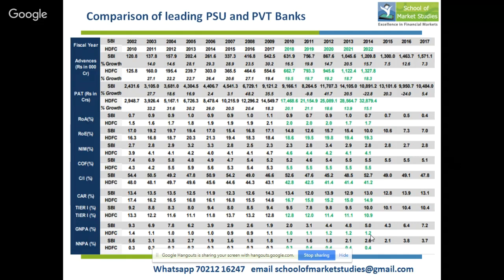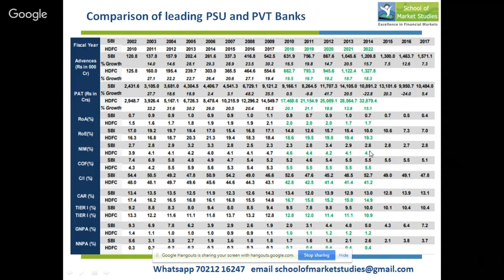This is an old sheet, that's why it's not that much updated. And NPAs were 2.6 compared to 0.4. So for every 1 rupee of non-performing loan at HDFC Bank, SBI had 6 of them. Okay. So considering that fact, your ROE is obviously significantly higher than that of SBI. Okay, see it halved here, the ROE.